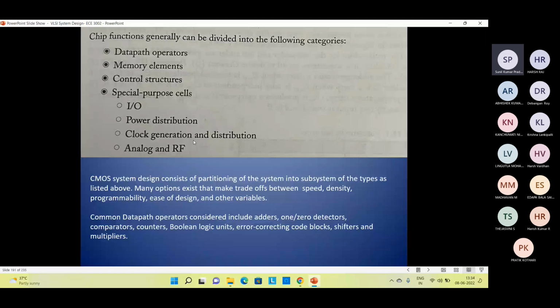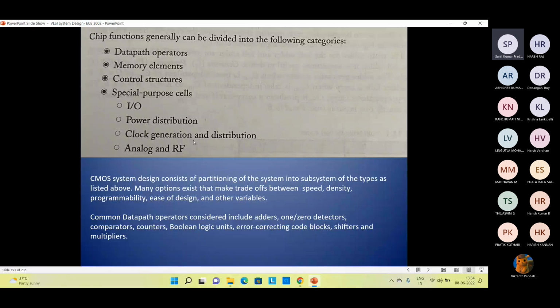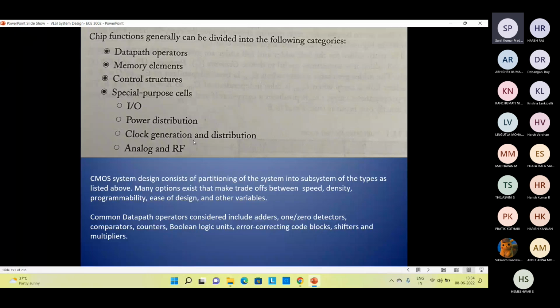So whatever options we have make a trade-off between speed, density, ease of design, programmability, and other variables. Common data path operators include adders, one or zero detectors, comparators, counters, Boolean logic units, error correcting code blocks, shifters, and multipliers.